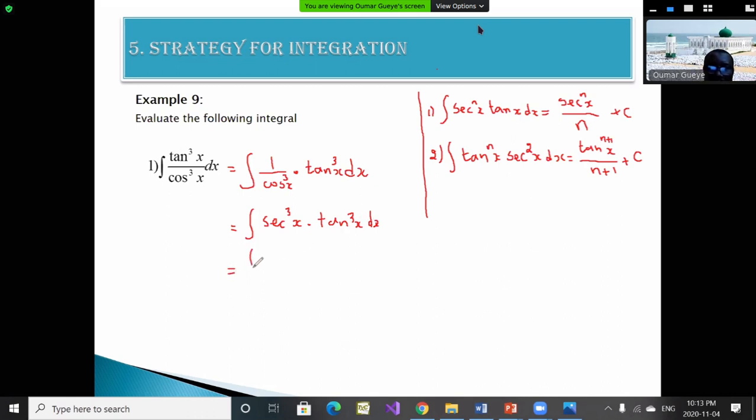So it's going to be the integral of secant x to the power 3 times tan cube. I'm going to write it as tan square x times tan x.